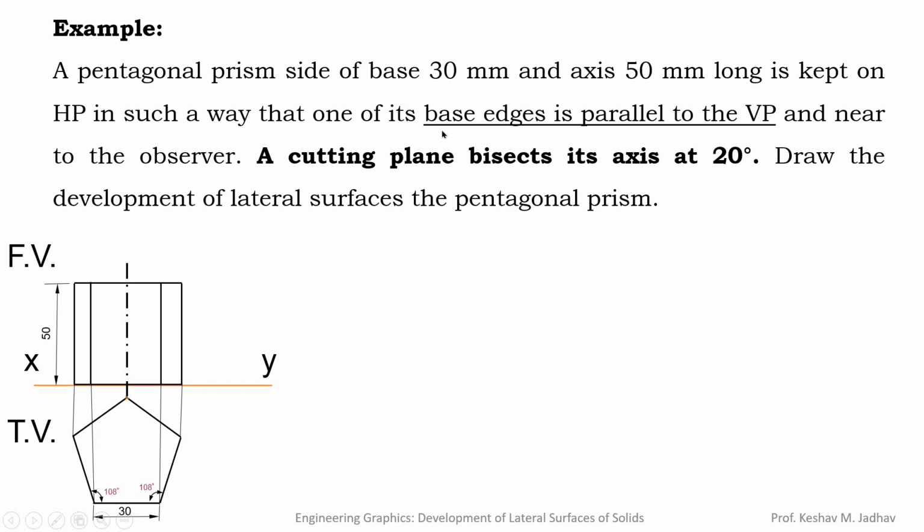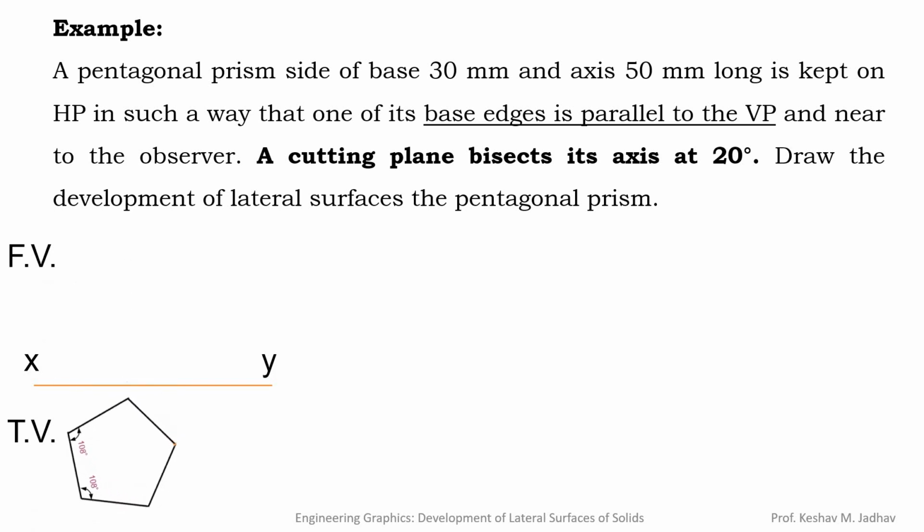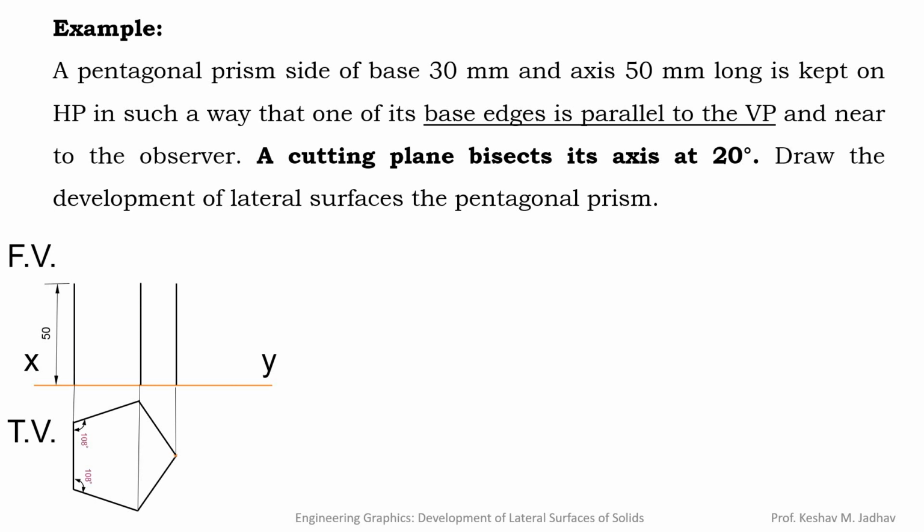Now here we have drawn the pentagon like this because one of its base edges is parallel to the vertical plane. But suppose instead of parallel, if it is perpendicular, then in that case we need to draw the pentagon like this, and we can complete the front view by taking the projections like this, and the height is equal to 50 mm. But here when we have to draw the axis, then that center point we have to locate in the top view first.